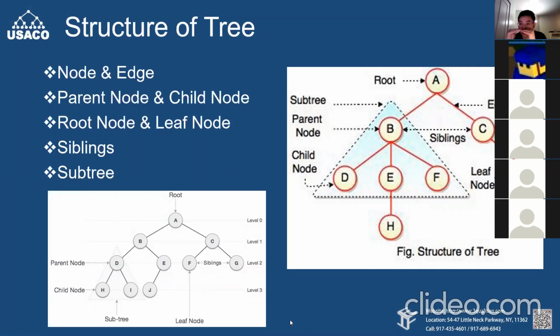Level is the generation of the child below the root node. To the child, to the parent, to the root. Say it again. To the child, to the parent, to the root. Yeah. Okay.